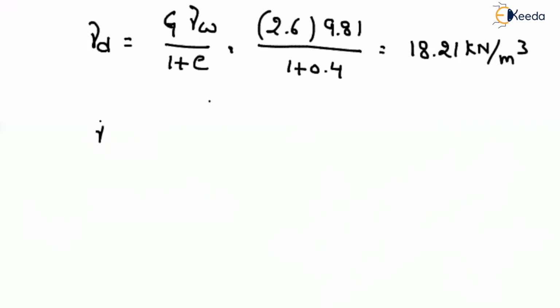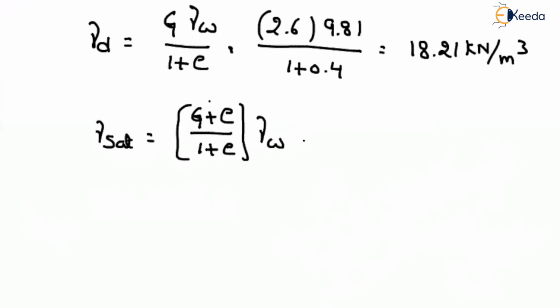Similarly, if you find out gamma saturation, that will be equal to, again recall this, G plus e divided by 1 plus e into gamma W. Again substitute the G value and e value. If you do that, we will get the value 21.02 kilonewton per meter cube. That's it. Now find out the average weight density.